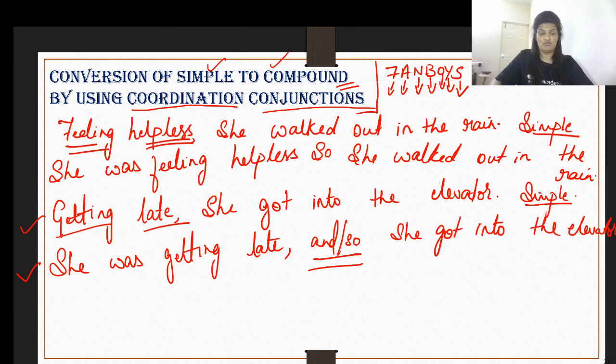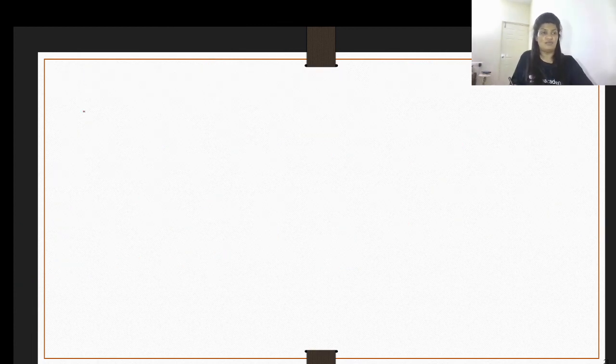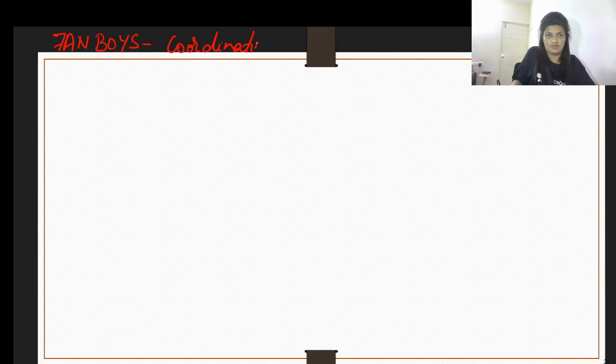Let us move on with more examples. Okay, let me write the FANBOYS acronym. FANBOYS, these are coordinating conjunctions. All right.